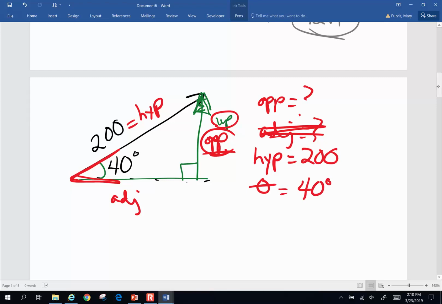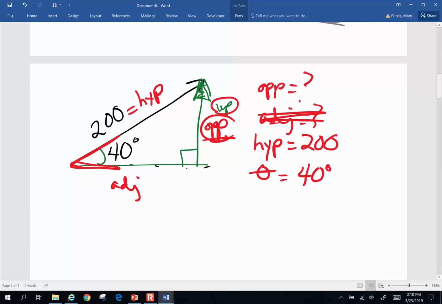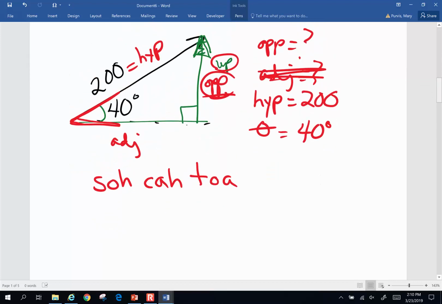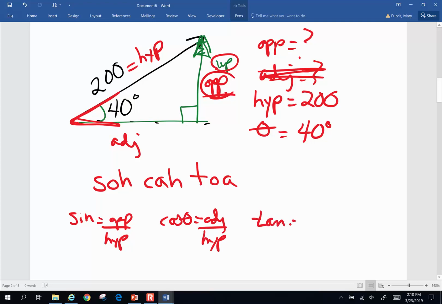Now, here's one of the ways that I do this with sine, cosine, and tangent. There's the old memory device called SOH CAH TOA, and I do this all the time if I'm trying to choose the right trig functions. Sine is opposite over hypotenuse, cosine is adjacent over hypotenuse, and tangent is opposite over adjacent.